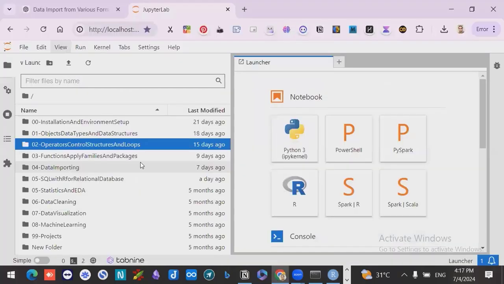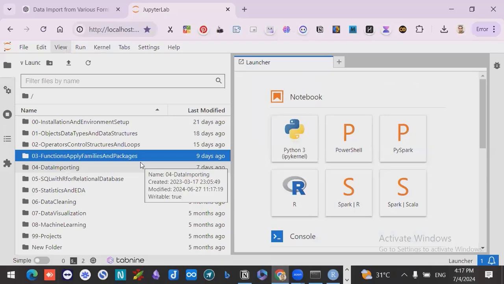Then we entered into functions, the apply family functions, and packages. That is also functions. But what is the difference between functions and apply family functions? Functions are general functions.